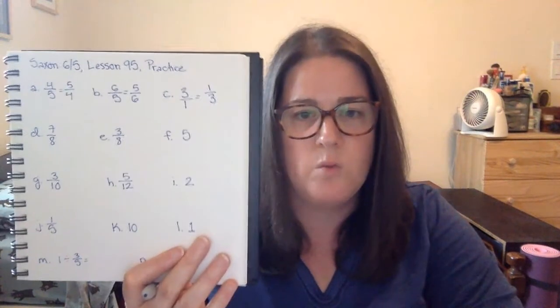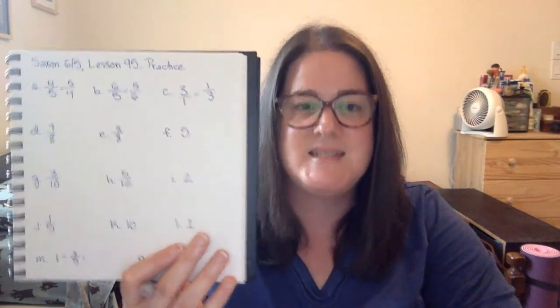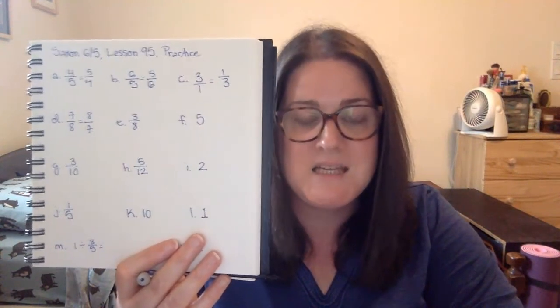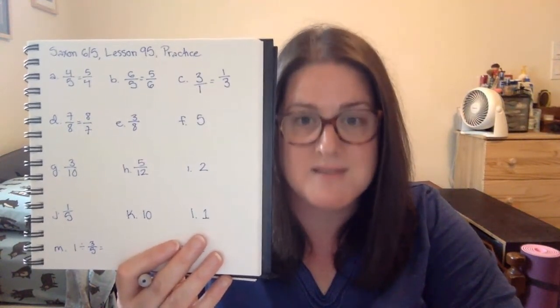So the reciprocal is 1/3. D is 7/8. The reciprocal, when we invert the fraction, is going to be 8/7. E is 3/8. When we invert the fraction, we will get the reciprocal 8/3.